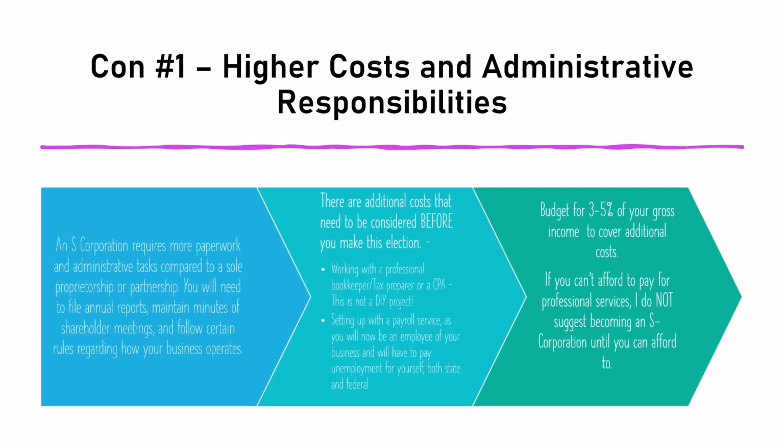If you feel that you are going to try to cut costs as much as possible, and you're going to try to cut costs in areas like this, it can actually come out and hurt you in the long run. So usually a suggestion is that you budget about 3 to 5% of your gross income towards bookkeeping, tax preparation, and payroll fees.